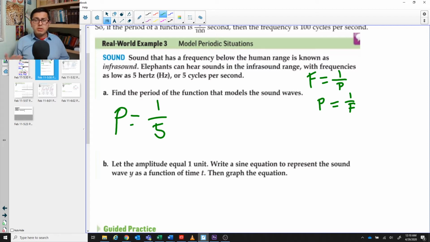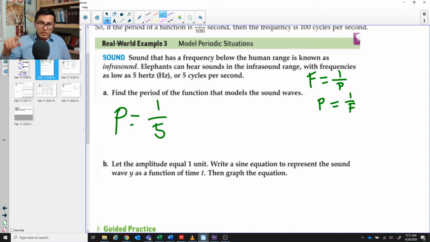Now, for the B portion of this, it says let amplitude equal 1 unit. So our A is going to equal 1. Write a sine equation to represent the sound wave y as a function of time, and then graph the equation. So a couple things to note here is that we're going to have y equals something sine of something, right?